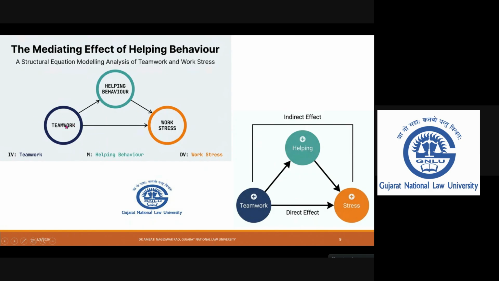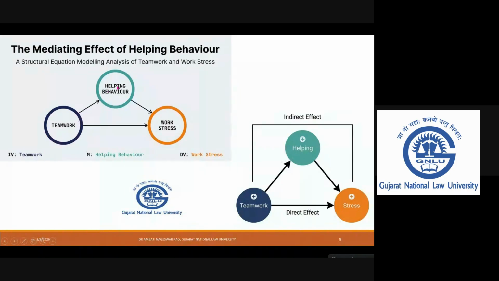We have one variable, teamwork, which is considered the independent variable. And we have another variable, work stress, which is the dependent variable. I want to know whether teamwork has any kind of influence on work stress. I want to understand the direct effect of teamwork on work stress. That is one of my research hypotheses or objectives. Second, the direct effect of teamwork on helping behavior.